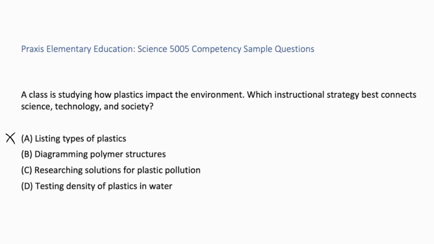A. Listing. This is surface level, not application. B. Diagramming polymers. This is chemistry focused, not societal impact. D. Testing density. This is a good lab skill, but not societal link. The correct answer is C. Researching solutions. This connects science learning with real-world applications.